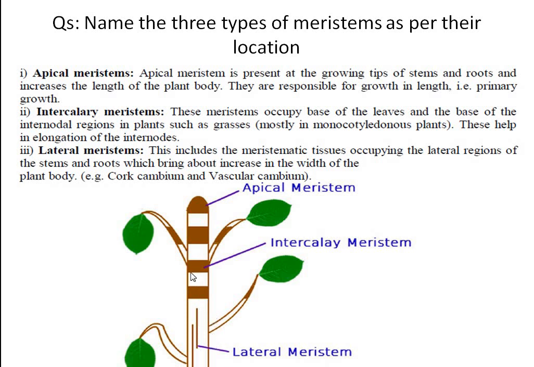So here there is intercalary meristem. The word itself denotes that. These meristems occupy the base of the leaves and the base of internodal regions in plants such as grasses, monocotyledonous plants. These help in elongation of the internodes. Elongation of internode is helped by intercalary meristems.